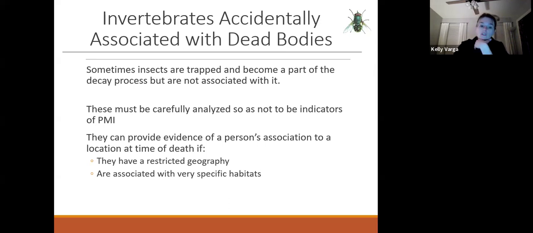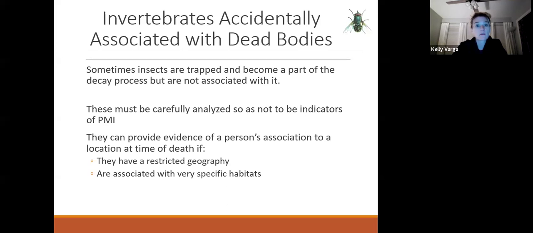They are associated with very specific habitats, urban environment versus rural, or we can see niches across cities. I guess urban and rural is the biggest one I'm thinking of.